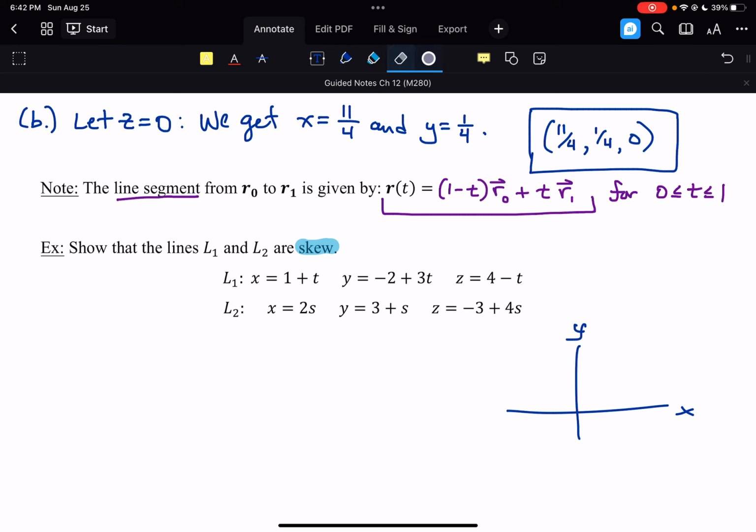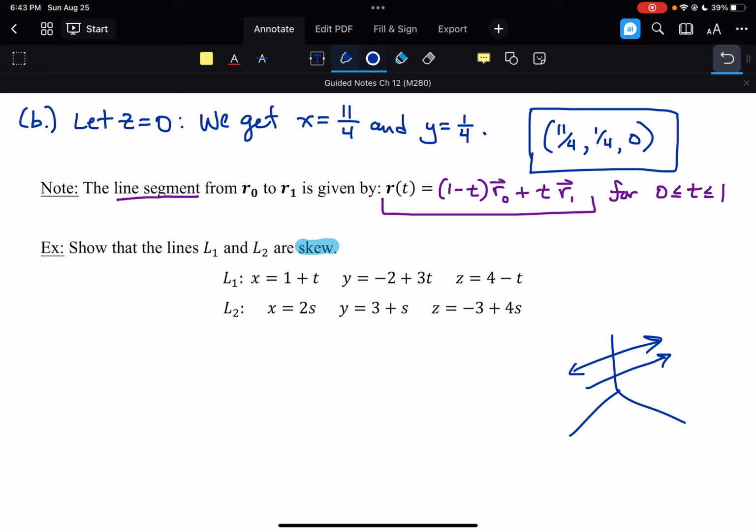Those are the only possible choices in 2D, right? They can either meet somewhere or they have to be parallel. In 3D, that is not the case. In 3D, you can have lines that are parallel, like that, and that's no problem. You can have lines that intersect each other, like that. Again, no problem.